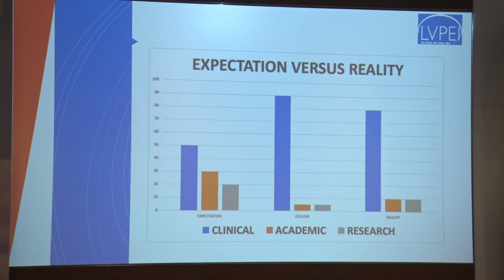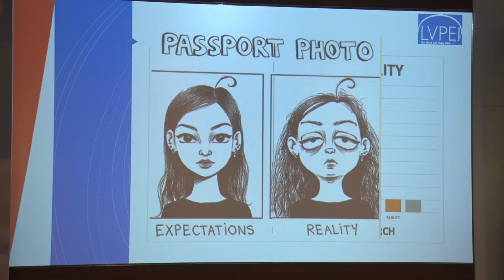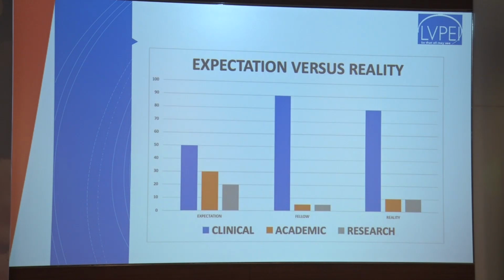So there is another concept of expectation versus reality. When we want a passport photo, we really want it to look like this, but then it usually looks like this. So the expectation is, with these 3 bars that I've put here, that our fellows should have about a 50% component of the clinical stuff, which is both clinics and surgical, and a very good, robust, at least 30% of academics.